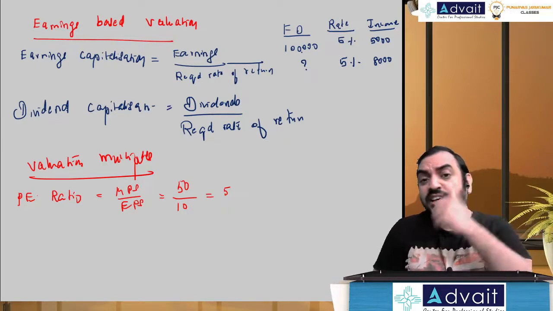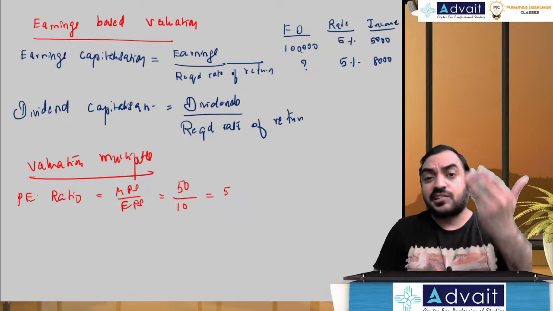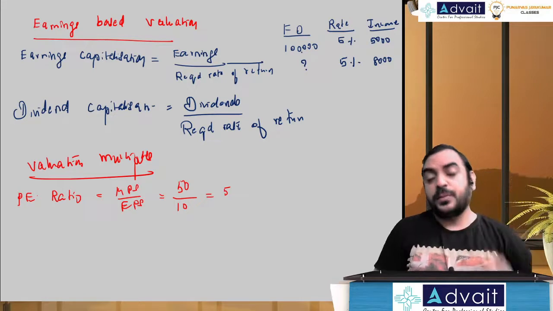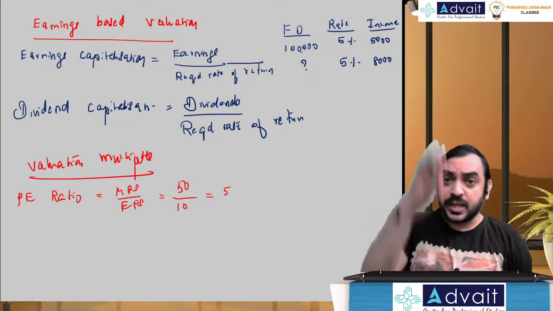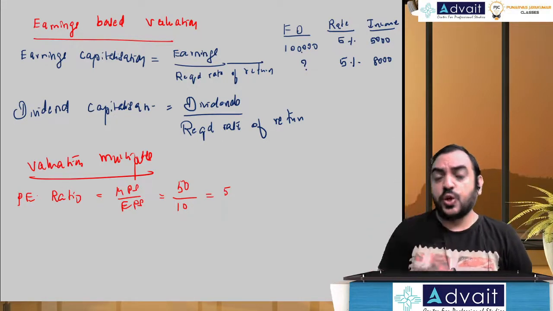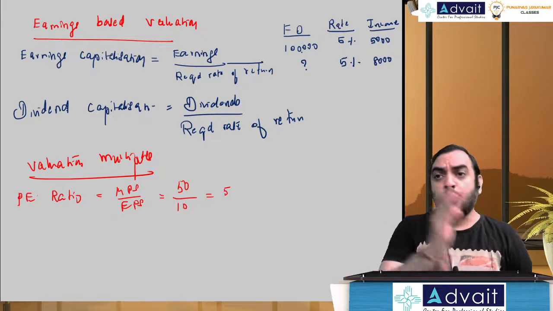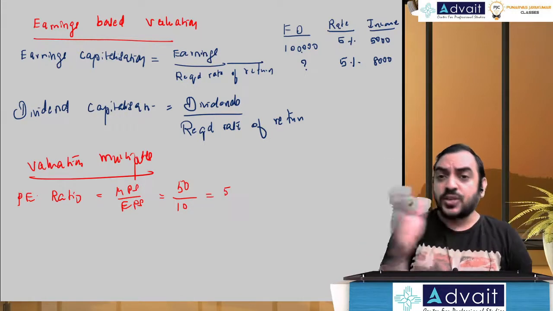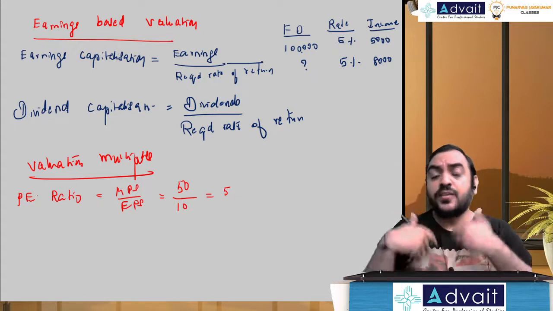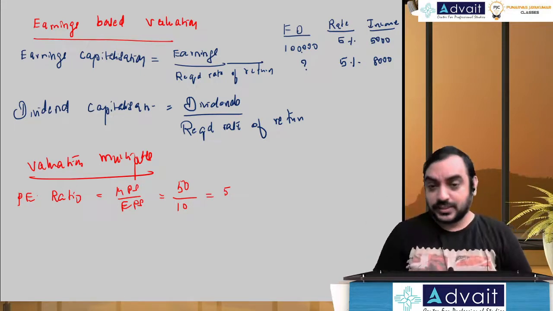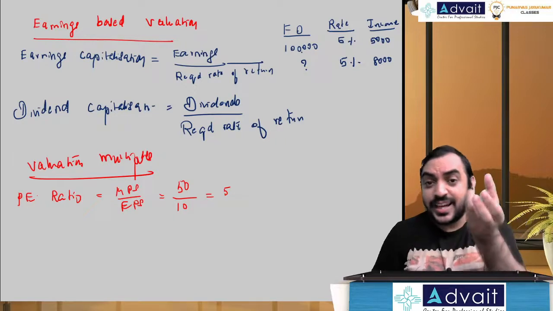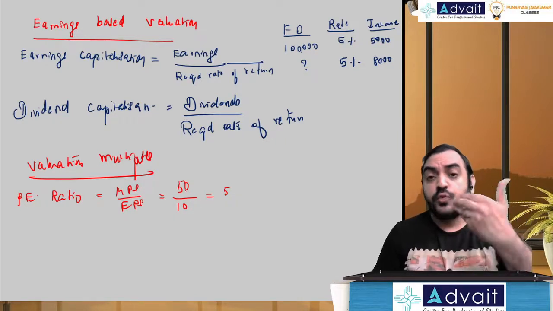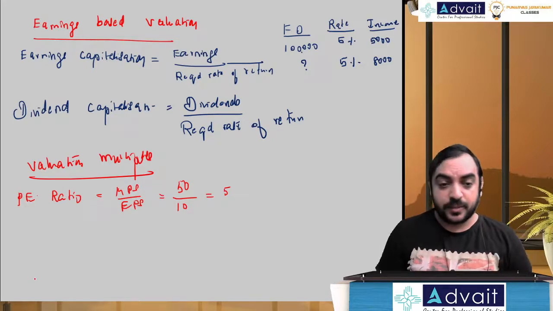So what is likely to happen? I will estimate, I will try to predict the future EPS. I'll prepare an income statement. How much will sales grow? How much will expenses grow? How much will profit before tax grow? What will be the future income tax? How much will our future EPS likely be? Expected EPS. That EPS multiplied by this ratio will give me the expected market price.